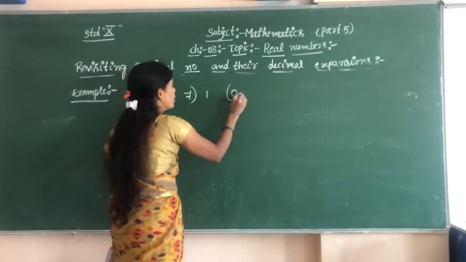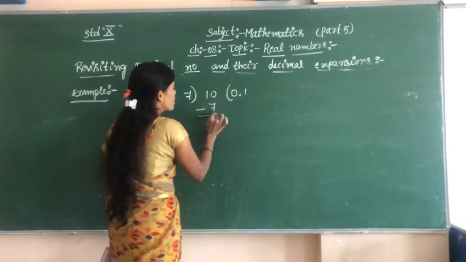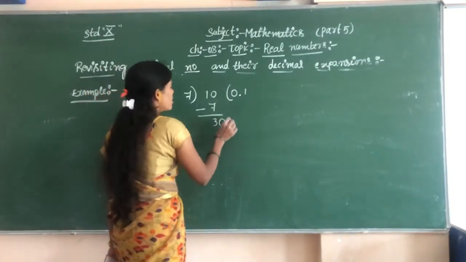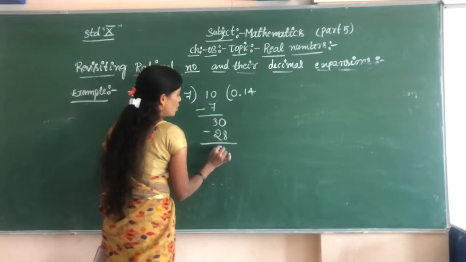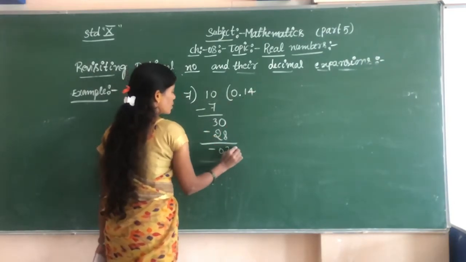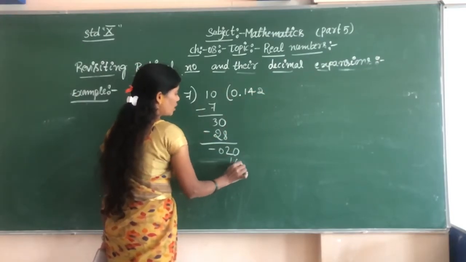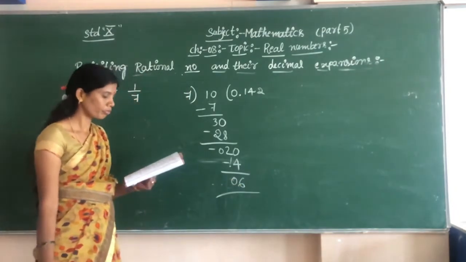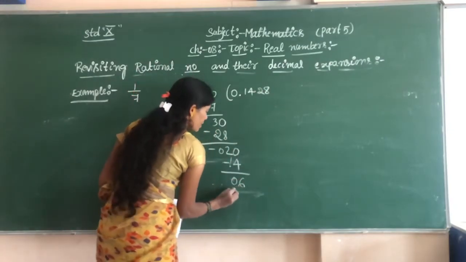You should take 0. 7 ones are 7, still 3 remains. Then 7 4s are 28, still 2. Then 7 2s are 14, still 6. Next, 7 8s are 56.